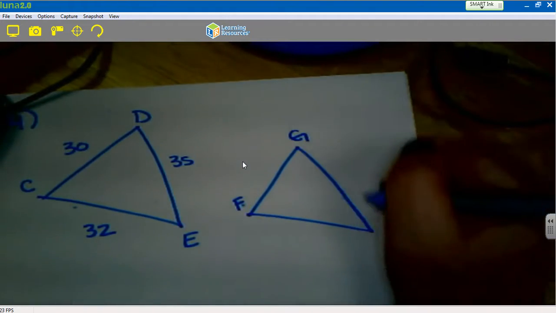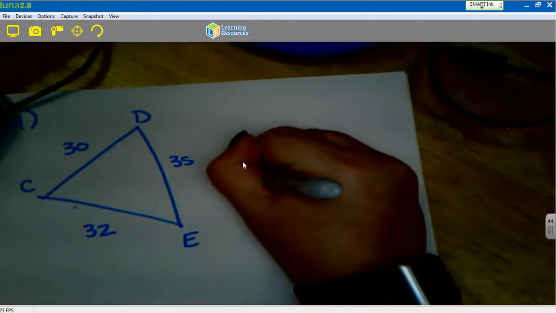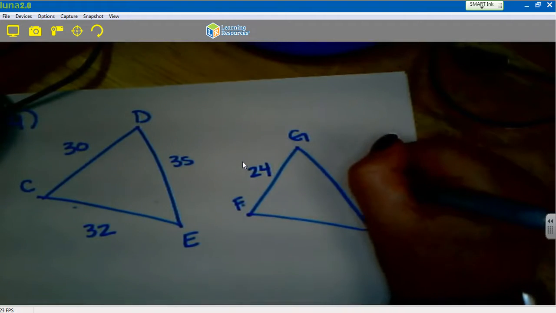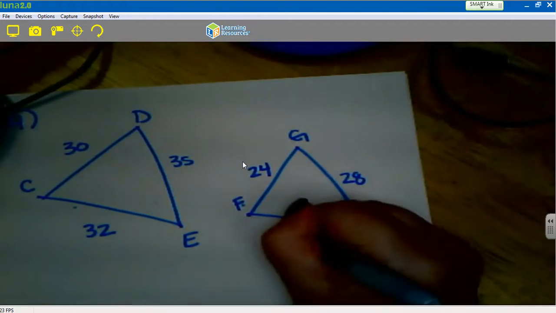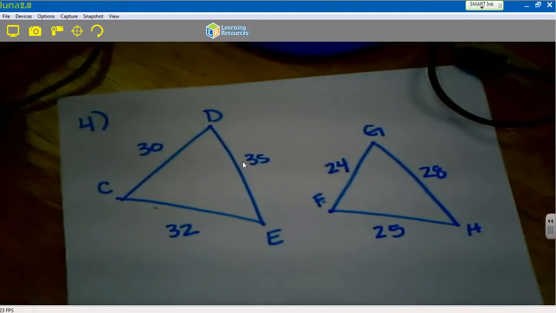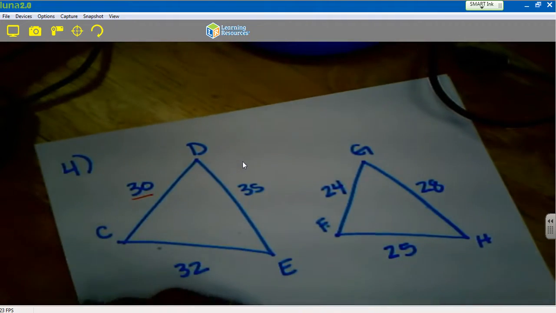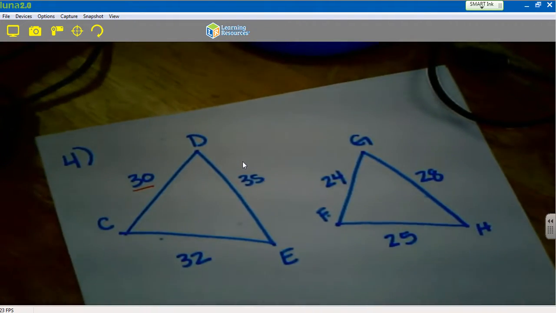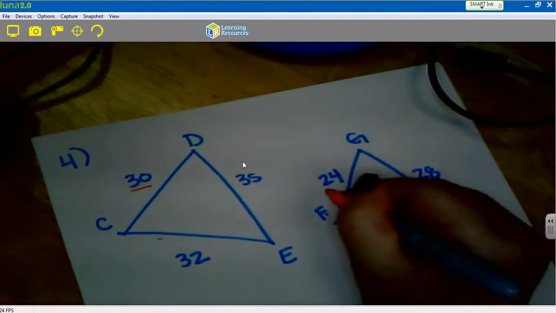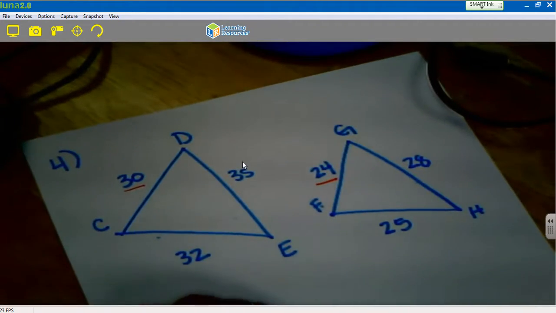And triangle FGH. Okay, so same thing. I'm going to start with my shortest side. My shortest side here on the left is 30. My shortest side here on the right is 24.